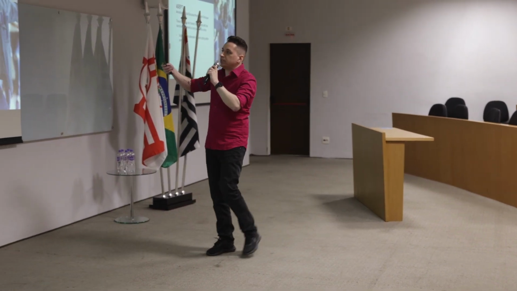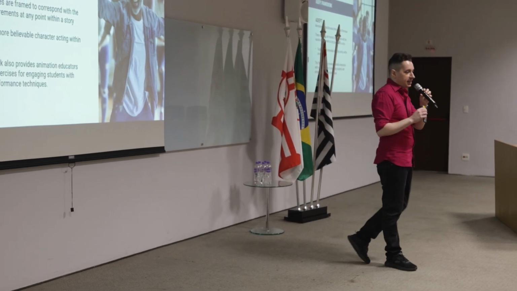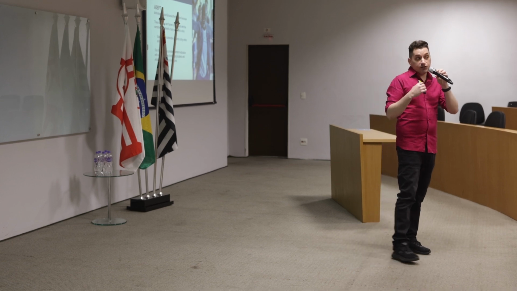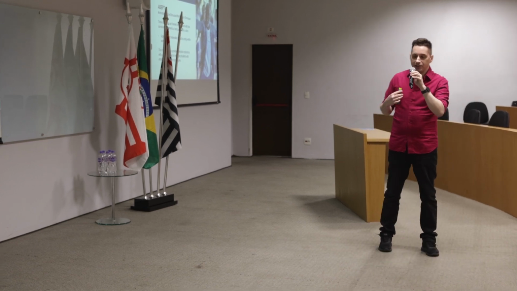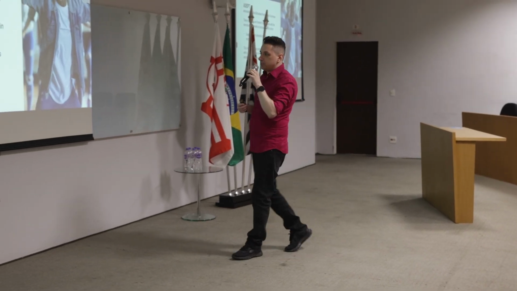We are trying to create more believable character acting within animation. And importantly, I think, from the perspective of an educator, it provides them with clear exercises for how to teach this, how to get students to engage with embodied performance techniques.